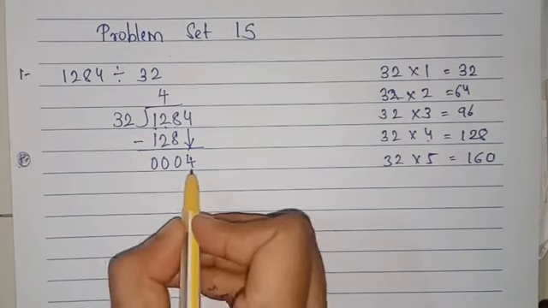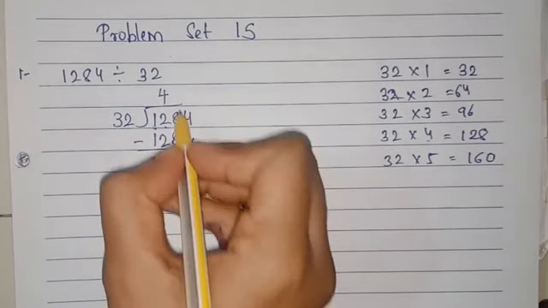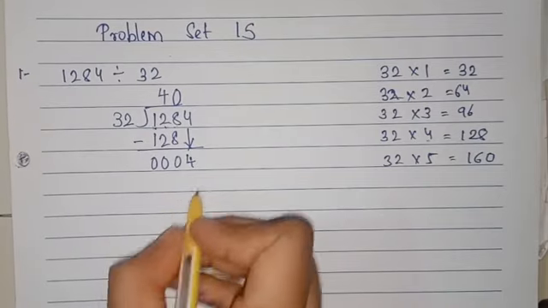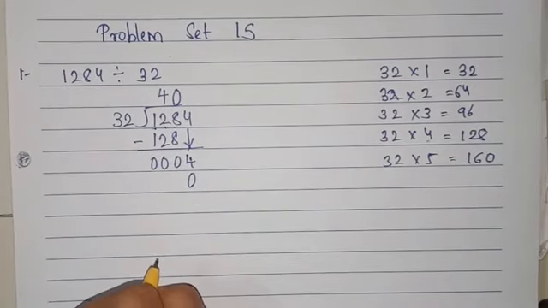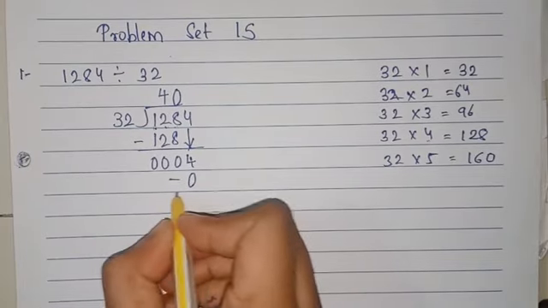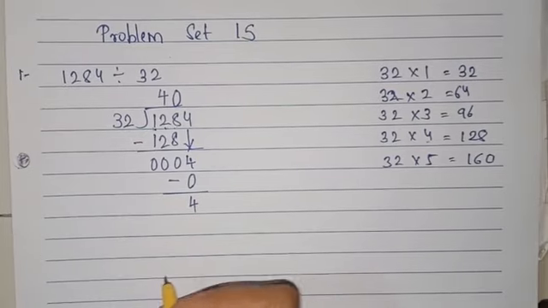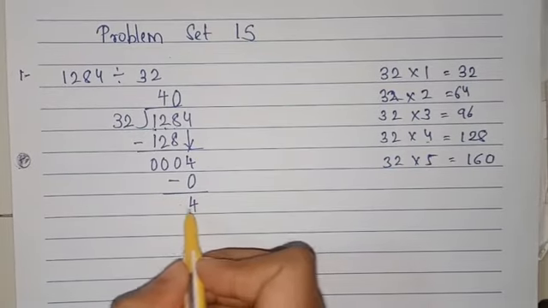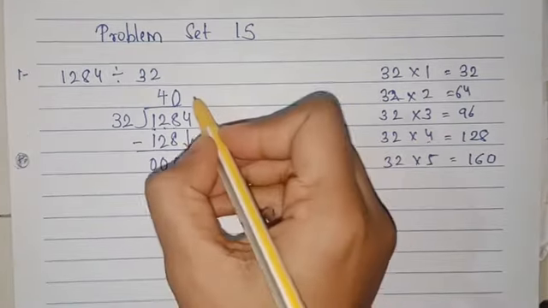We cannot divide 4 by 32, so I will write 0 here as a quotient and also here. Okay, now subtract them. 4 minus 0 is 4. Done. So we get a remainder 4 and quotient 40.